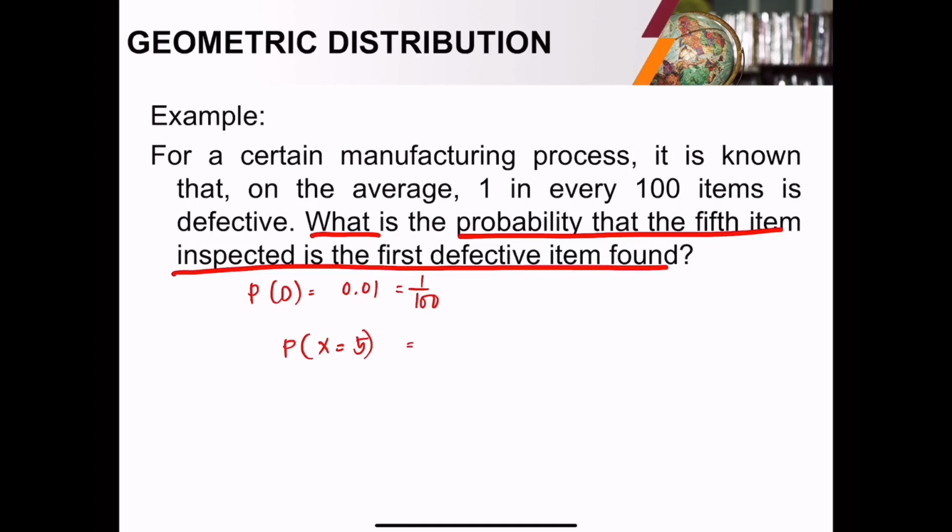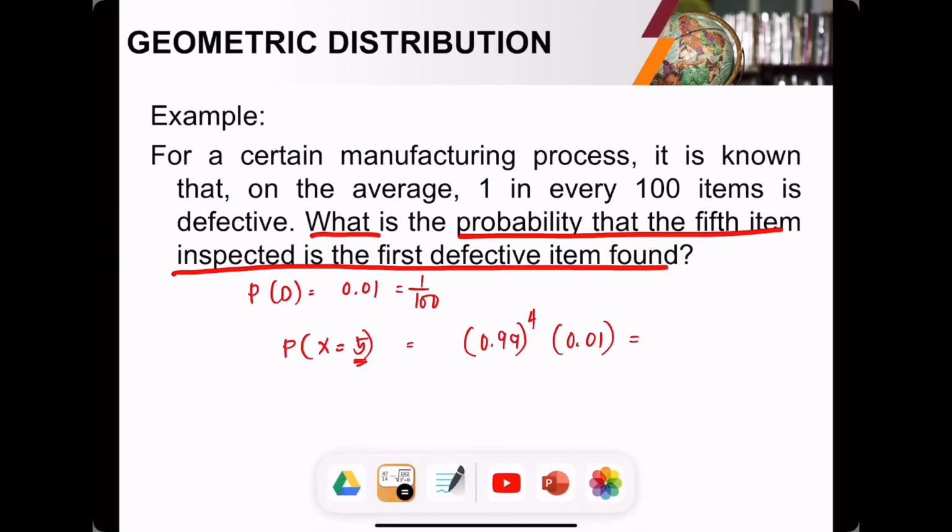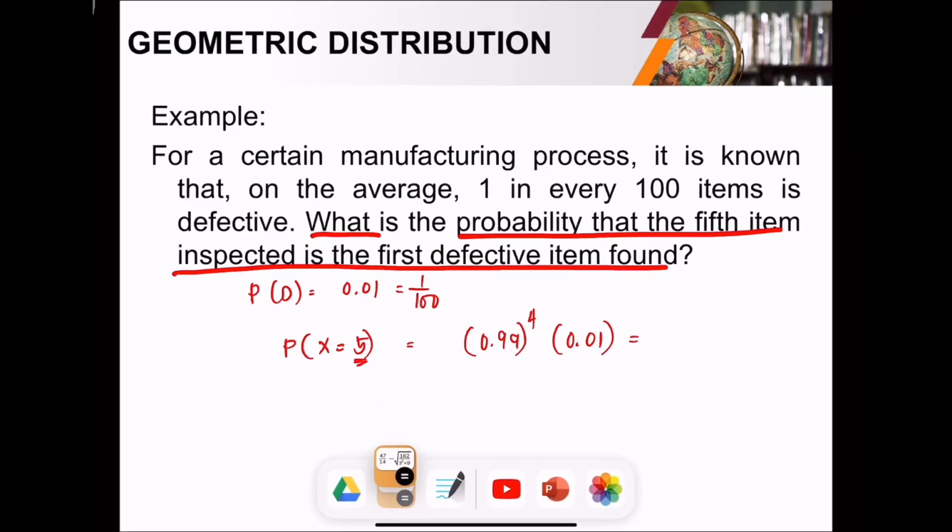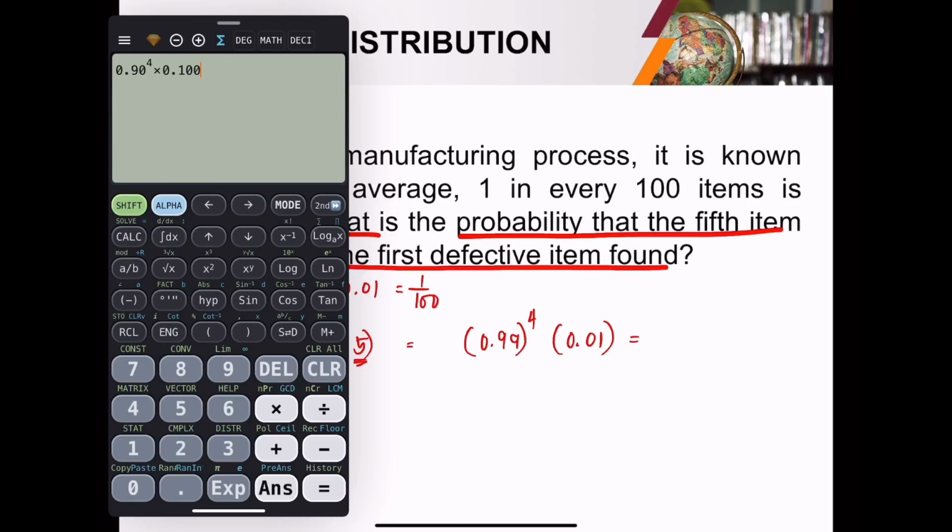So that gives us 1 minus p, or 0.99, raised to 4, that's 5 minus 1, multiplied by 0.01. So, our answer will be 0.99 raised to 4 multiplied by 0.01.